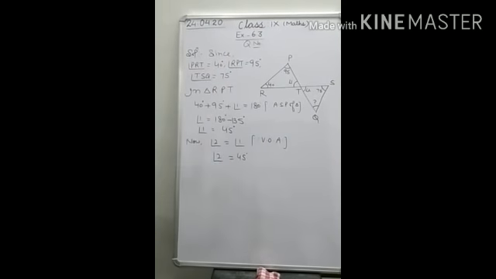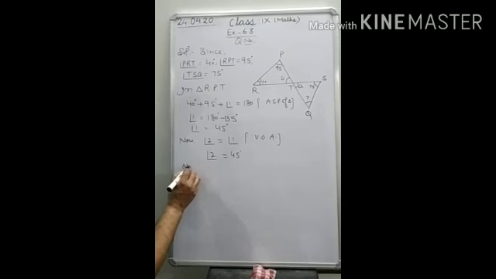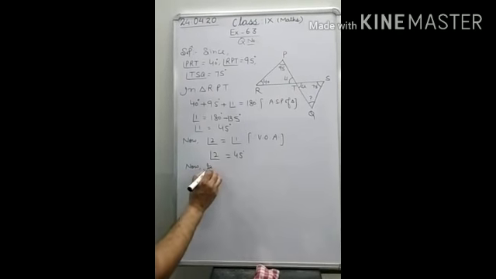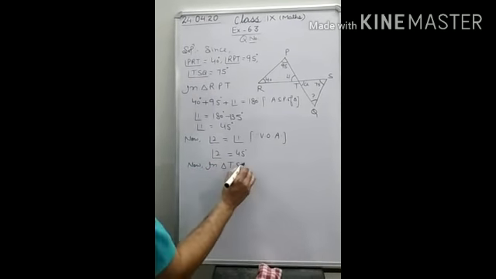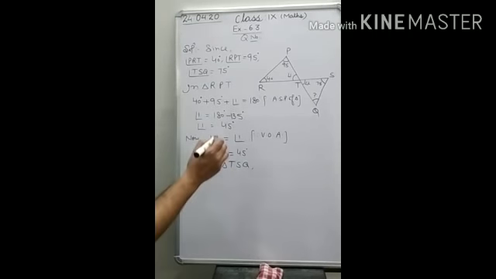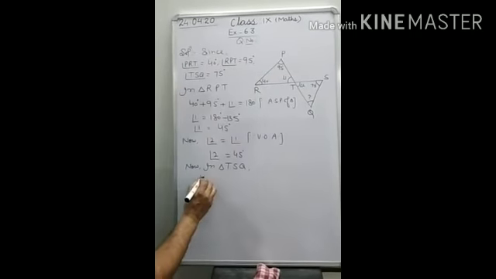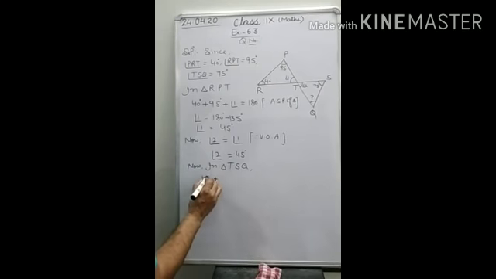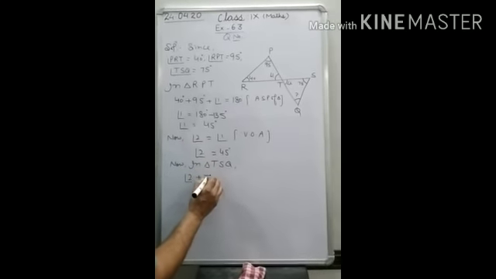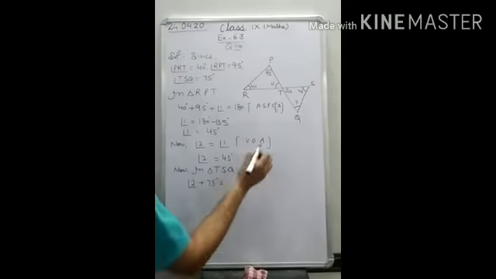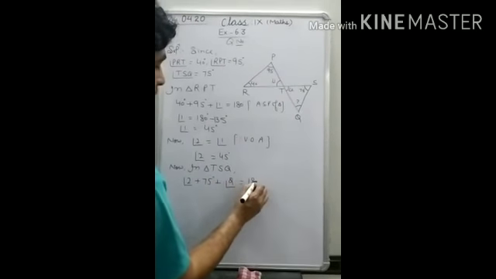Now you take the next triangle, you write, now in triangle which one? Triangle TSQ. In this triangle, these three angles are what? You write angle 2 plus 75 degrees plus angle Q, that is equal to 180.